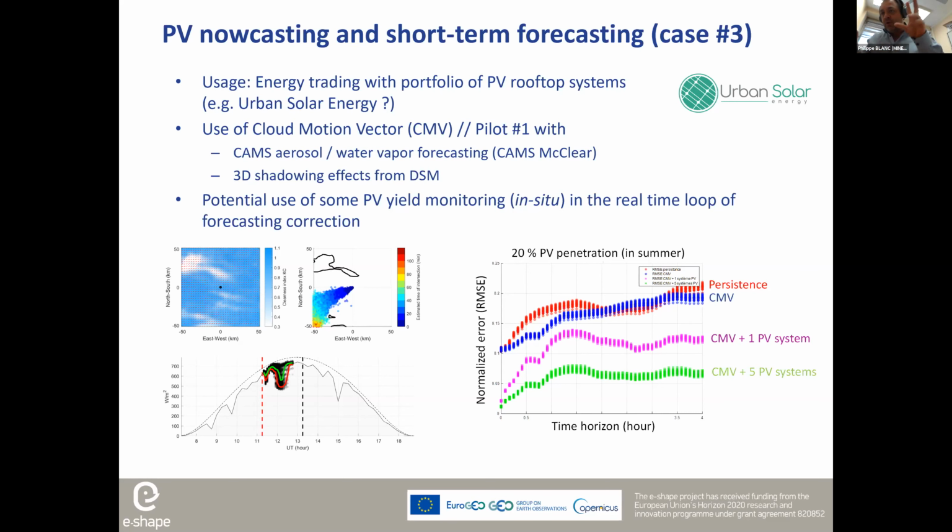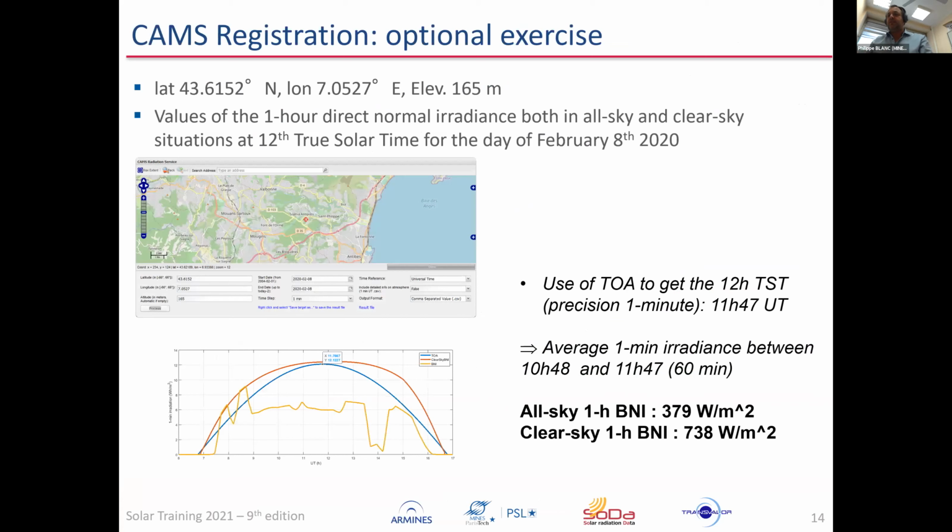And as a joke and just an optional exercise, since you are registered, we have asked you to look at the way you are getting information on the website soda-pro.com. So the question is, for this latitude, longitude and elevation, what is the value of 1 hour direct normal irradiance, both in all sky and clear sky situations, at noon true solar time for the day of the 8th February 2020.